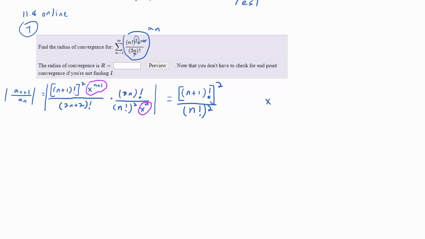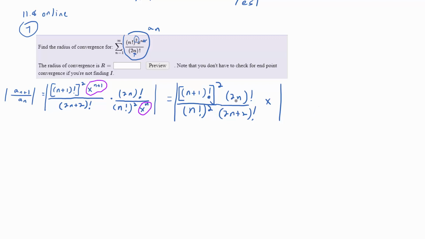We have the (2n)! divided by (2n+2)!, and then all of that is still in absolute values. Although some of it you could bring out of the absolute values, everything but the x, if you wanted to. Any questions on what I've done so far? I haven't done much. All I've done is plug in n + 1 and a_(n+1) and a_n in the formula basically, and then simplify.